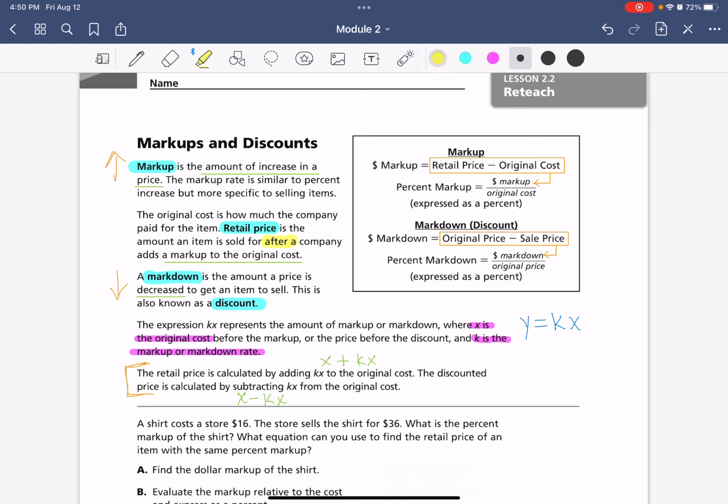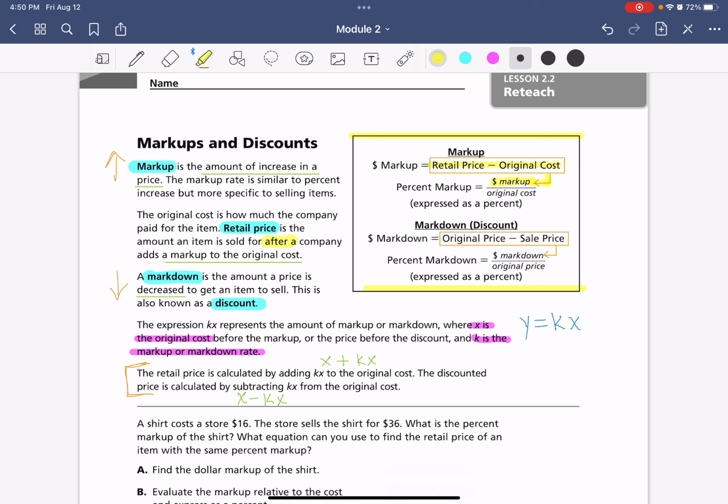What we have in our box here is a couple of formulas. We have our markup. That is when we take our retail price minus our original cost. And then we take that amount and we put it into our percent markup.